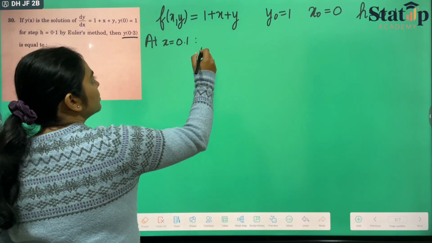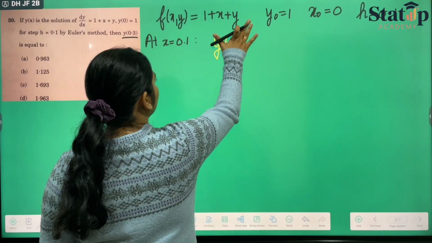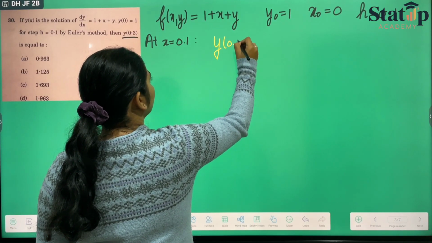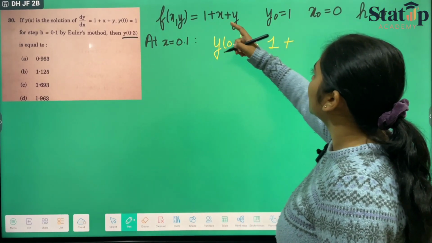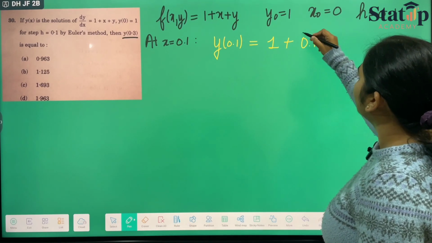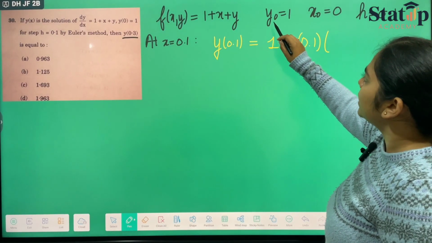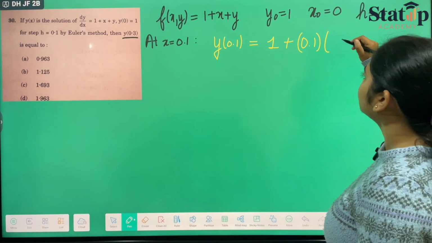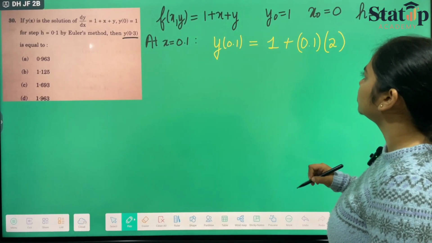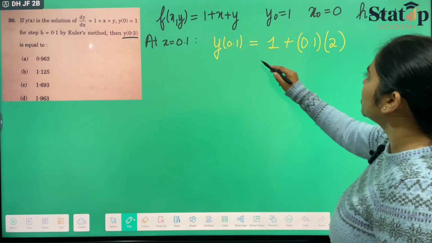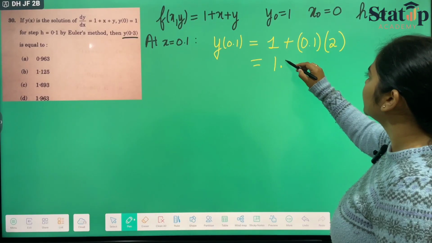So y(0.1) should be equal to y naught, which is 1, plus h times f(x, y). h is nothing but 0.1, into 1 plus x plus y. x naught is 0, y naught is 1, so it will be 2, which gives 1.2.